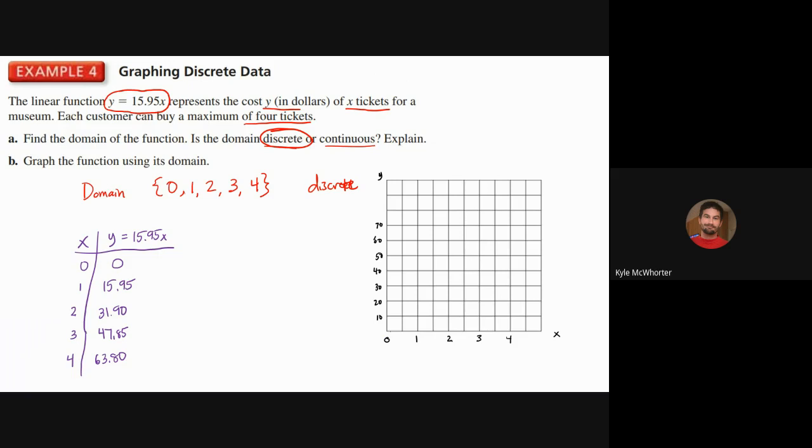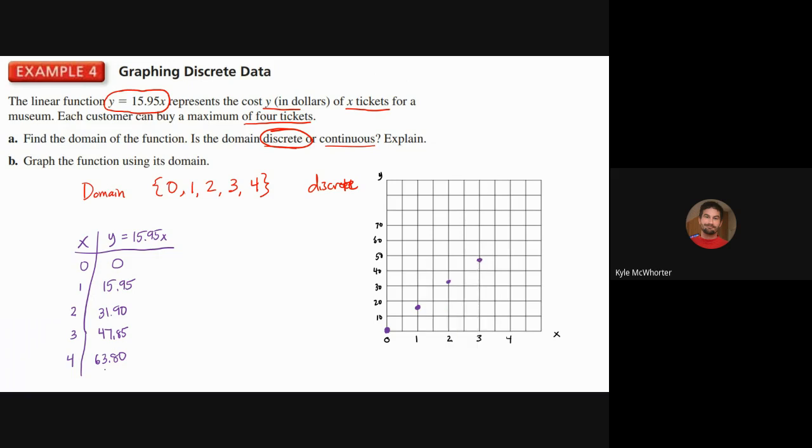Okay, so 0, 0. Then we've got 1, 15.95, so that's about here. 2 and 31.90, that's about here. 3 and 47.85, that's a little bit below 50.